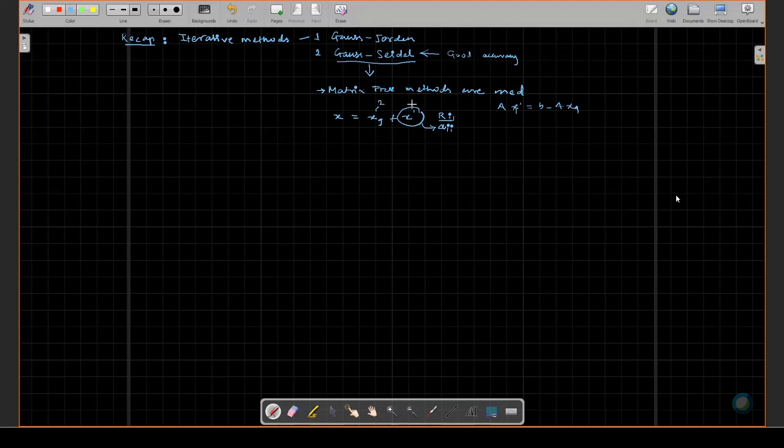Suppose that x prime is 2 again, then the total becomes 4. So xg becomes 4. Next time, x is equals to xg, which is now 4. So this 4 plus, whatever x prime you get, suppose x prime you got is 1, then this will become 5.